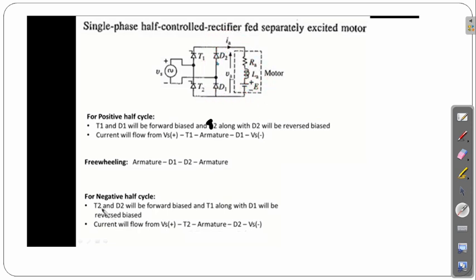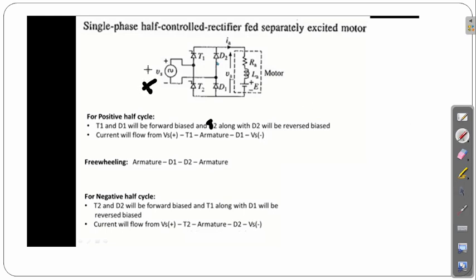Then the negative half cycle. In the negative half cycle, T2 and D2 will be forward biased, and T1 and D1 will be reverse biased. So how will the current flow?